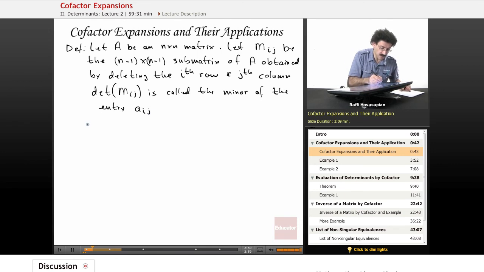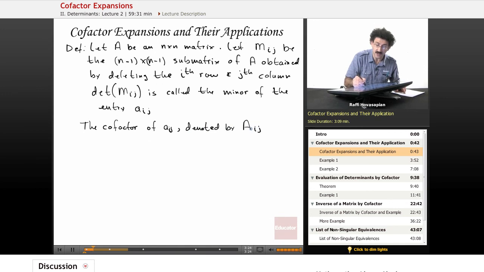One more definition. The cofactor of A sub ij, which we denote capital A sub ij.